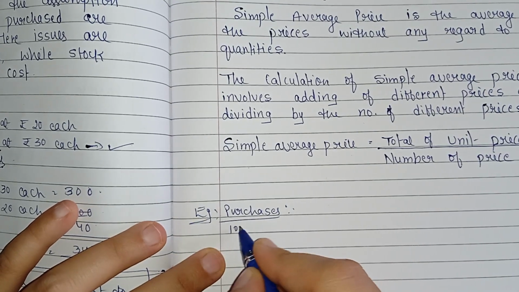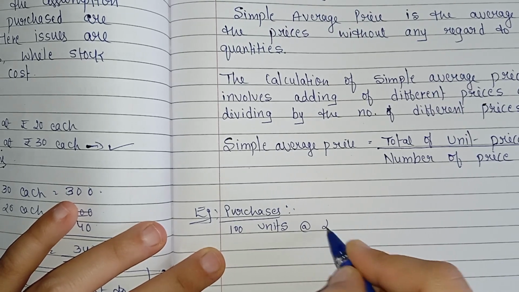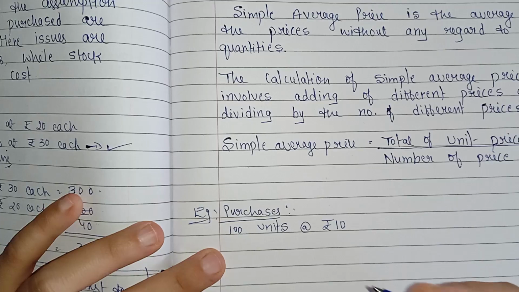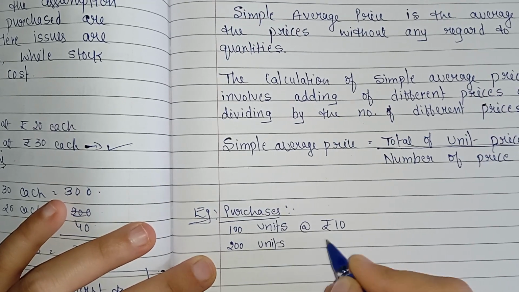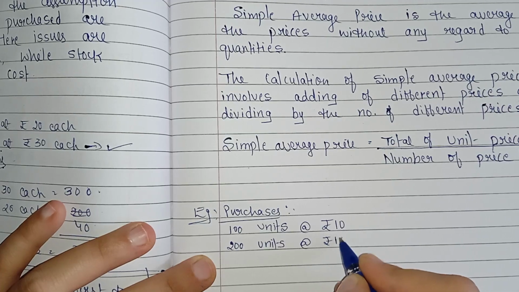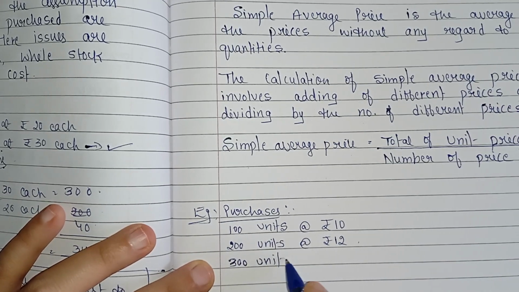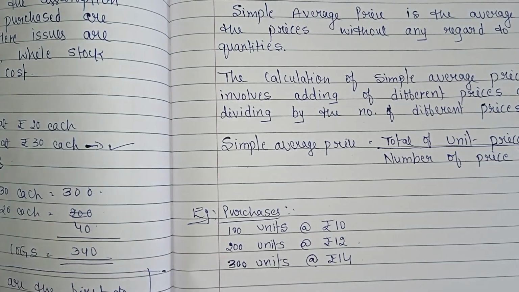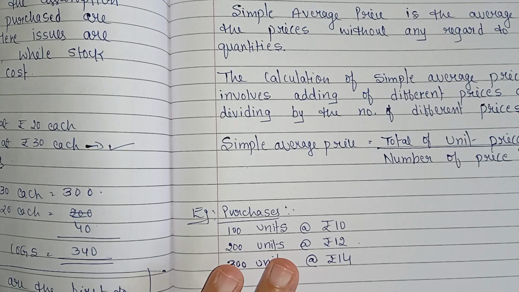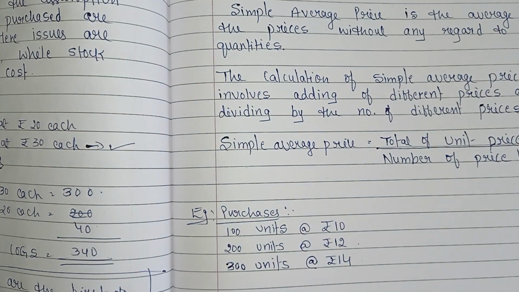That is 100 units at rupees 10, and 200 units at rupees 12, and 300 units at rupees 14. Clear? Now find the issue price using the simple average price method.